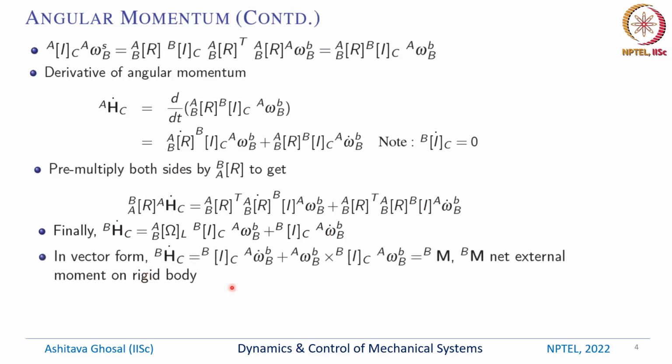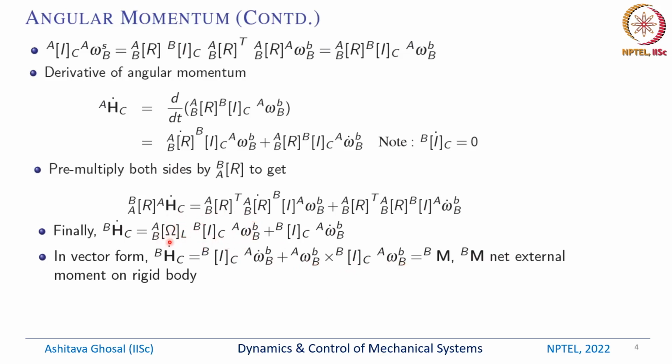So in vector form, this is the same as this, but this quantity can be written as BIC into A omega B dot. So this is the term coming here, and this quantity here, remember, is a skew symmetric matrix. So this is like omega cross I omega. So this part is I omega.